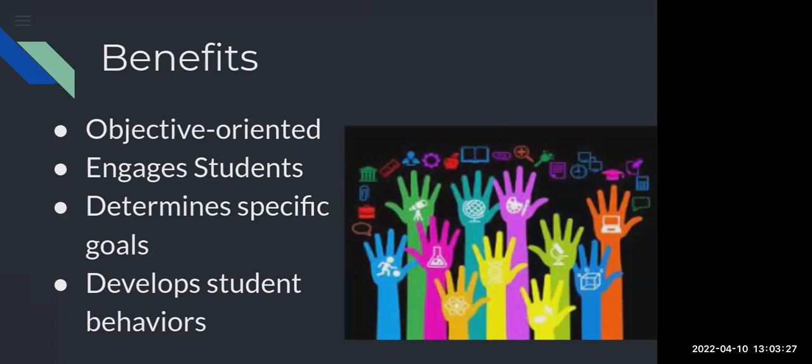It also determines specific goals rather than general goals that do not lead to good learning opportunities. And finally, it also develops student behaviors. The target of this curriculum of teaching is for students to develop behaviors.